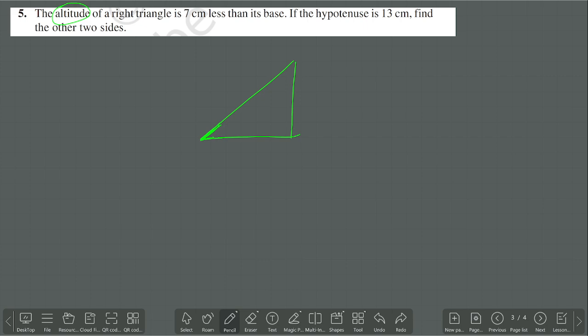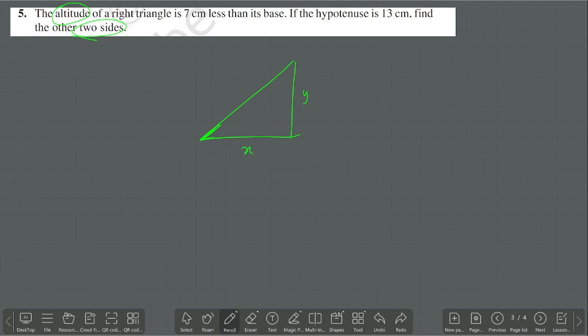The altitude of a right angle triangle is 7 less than its base. Find the other two sides. Okay, they are talking about base and altitude, so we have to assume something. Altitude let me assume as y, base let me assume as x.